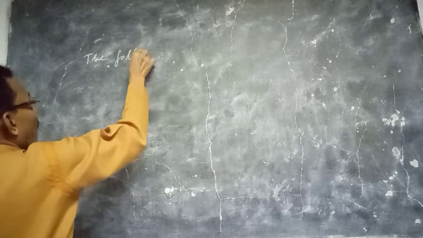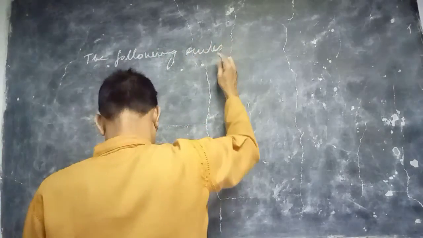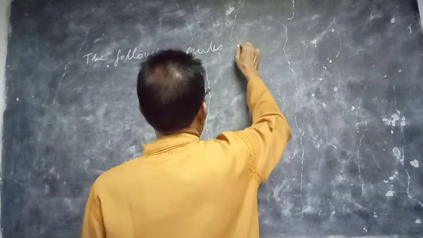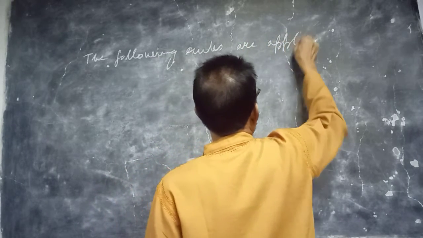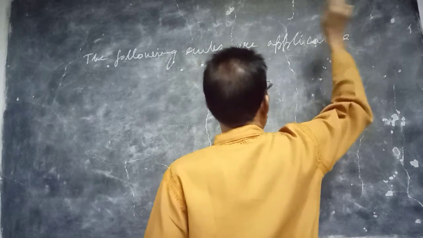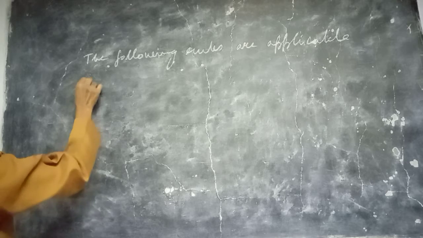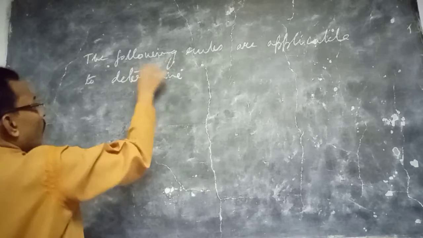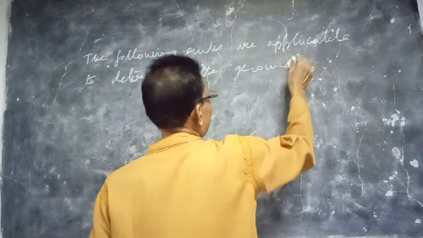The following rules are applicable to determine the ground state spin and parity.